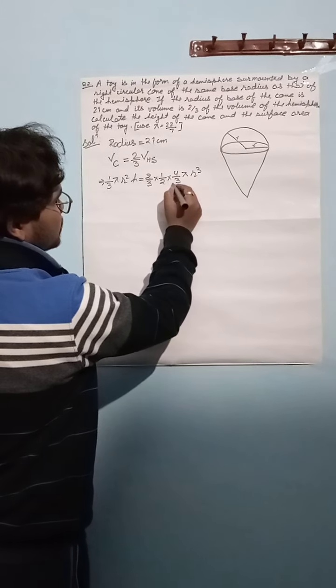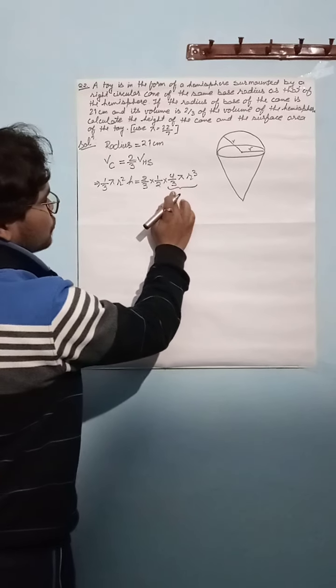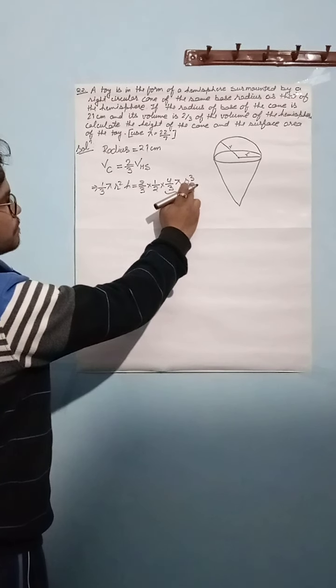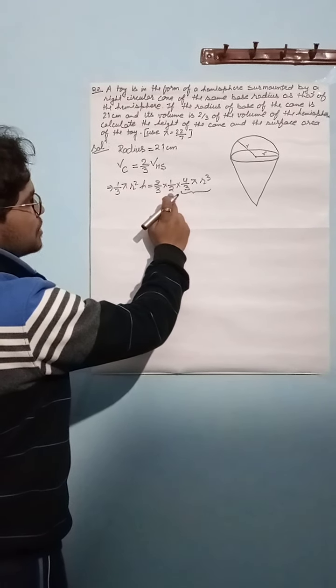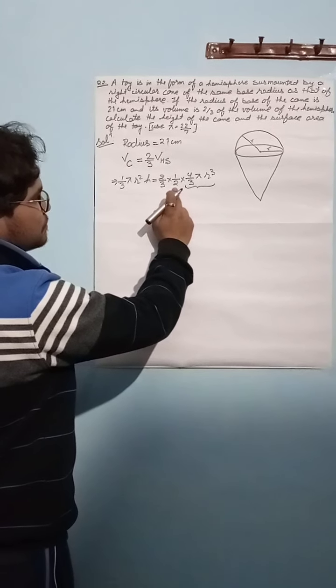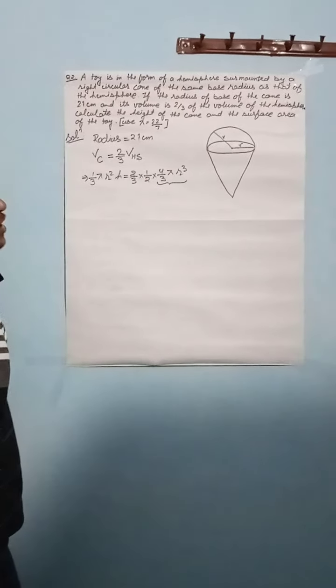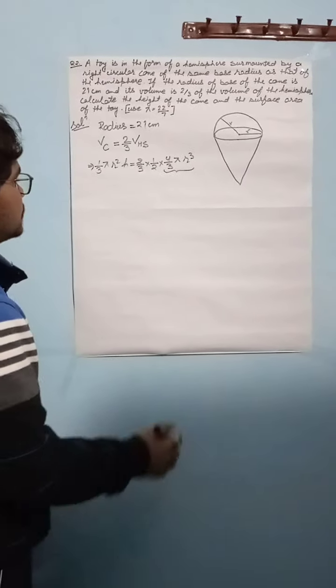Volume of sphere is 4 by 3 pi r cube, and by multiplying half to it we find the volume of hemisphere.